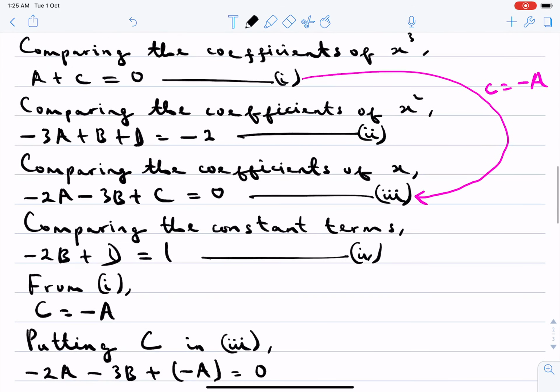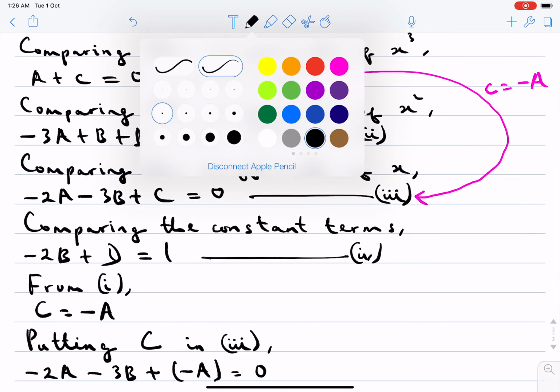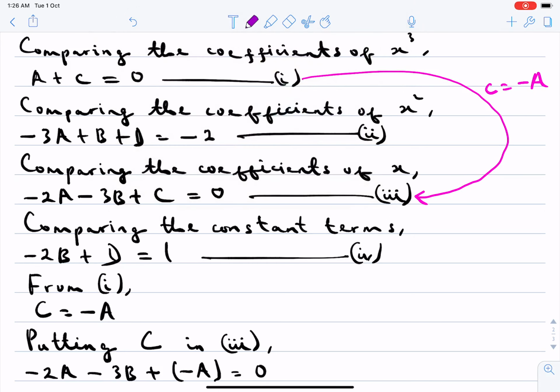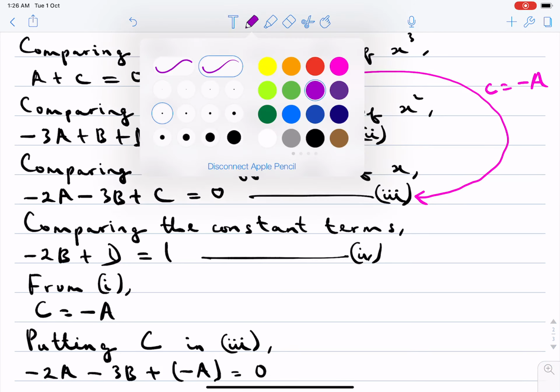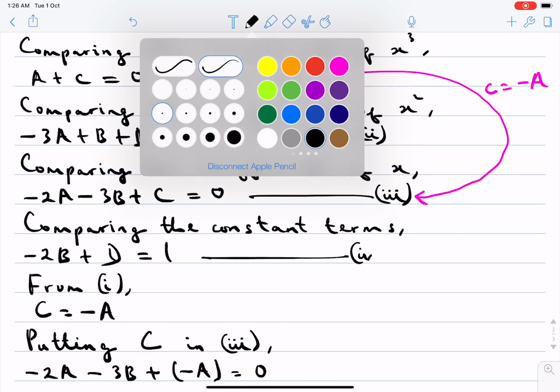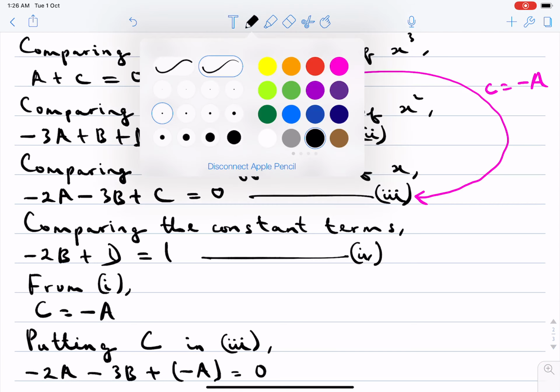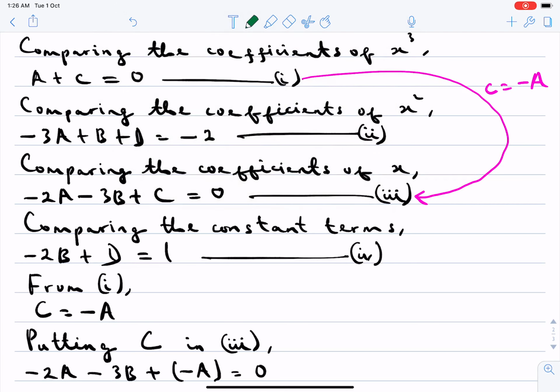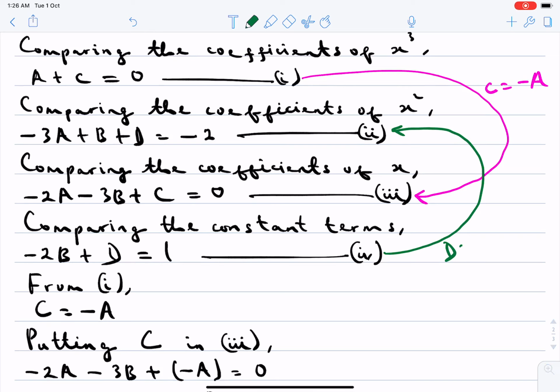Now, from equation 4, d is equal to 1 plus 2b.